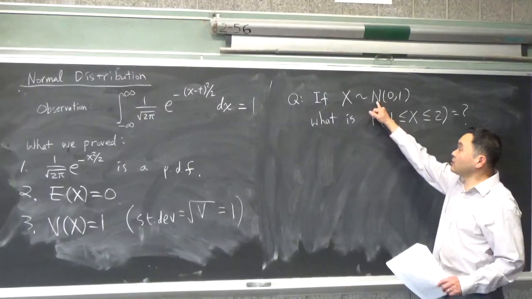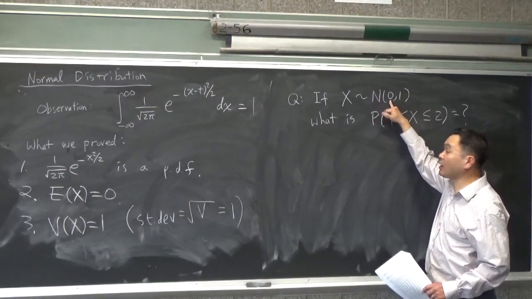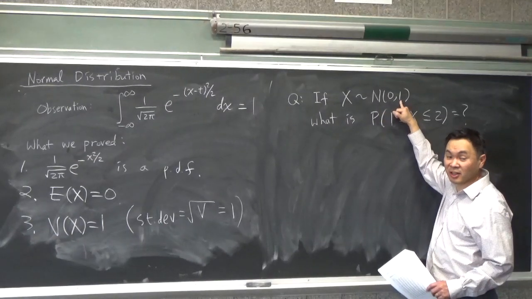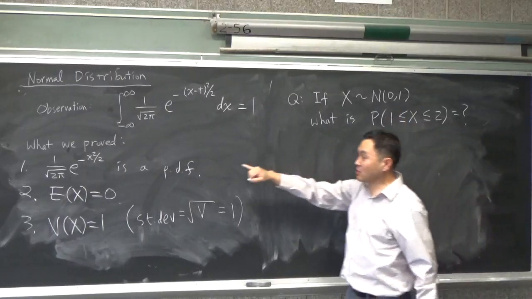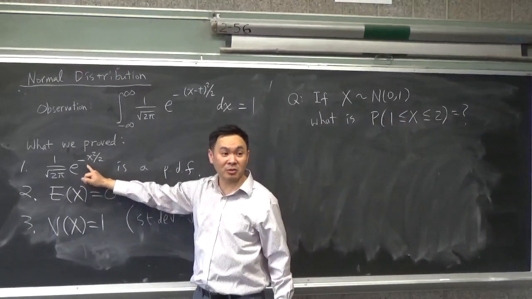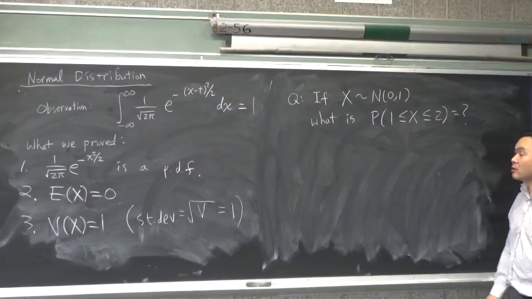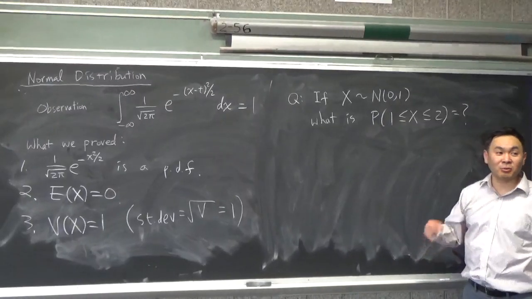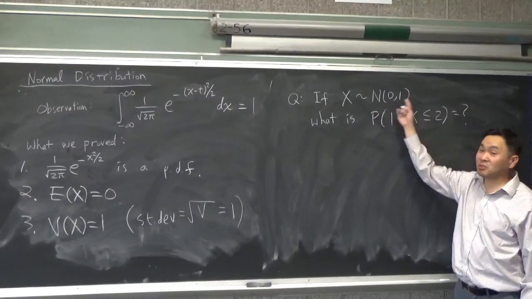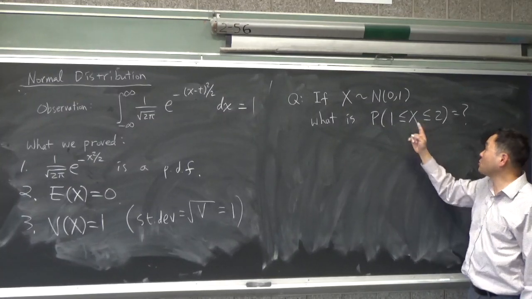Okay, this N is for normal. Normal distribution has two parameters, average and standard deviation. So when I say N(0,1), I mean this function. Okay? So I have this function. And the question is, what is the chance that if a random number is generated from this distribution, the number that you see is going to be between 1 and 2?